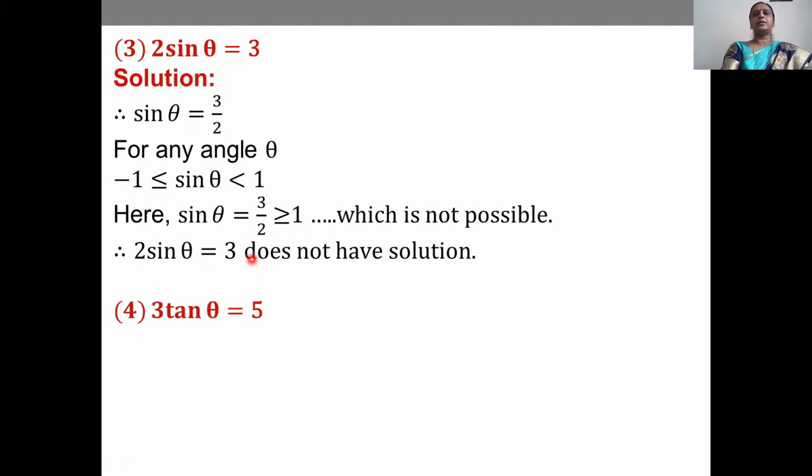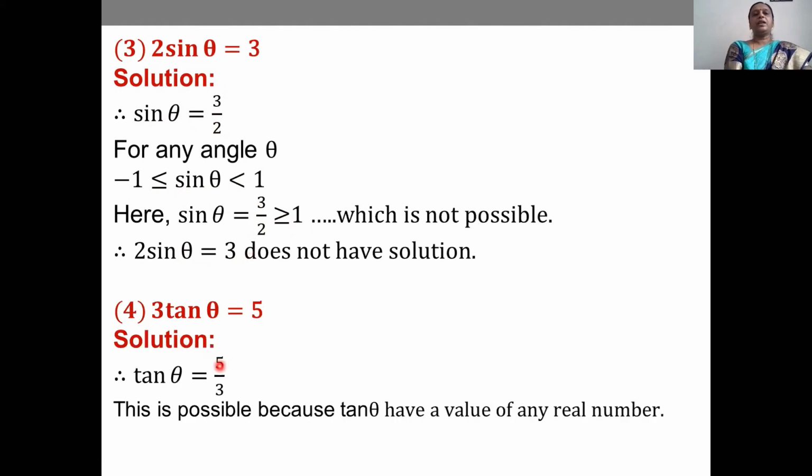Let's consider the next example. 3 tan theta is equal to 5. Again, this is tan theta is 5 by 3. Now, in the 11th standard, you have studied the graph of tan theta. The graph of tan theta goes up to infinity. From that graph, you have studied in 11th standard that tan theta can have any real number as its value, because the graphs of tan theta reach to infinity.